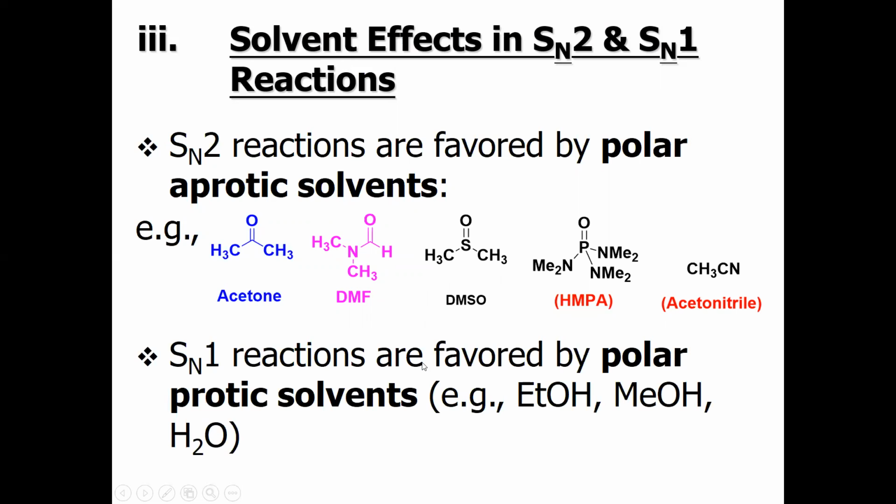Similarly, in SN1 reactions, polar protic solvents are favored because they take part in the solvolysis step and also behave as a nucleophile. For example, ethanol, methanol, or water behave as a solvent and also as a nucleophile in the SN1 reaction.